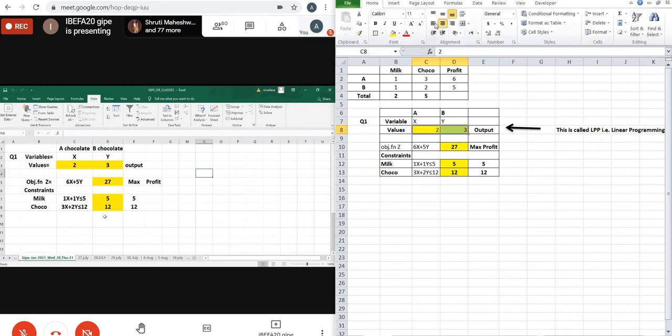Complete milk is used and the complete choco is also used. Nothing left in the kitchen. I hope everybody got the same answer.